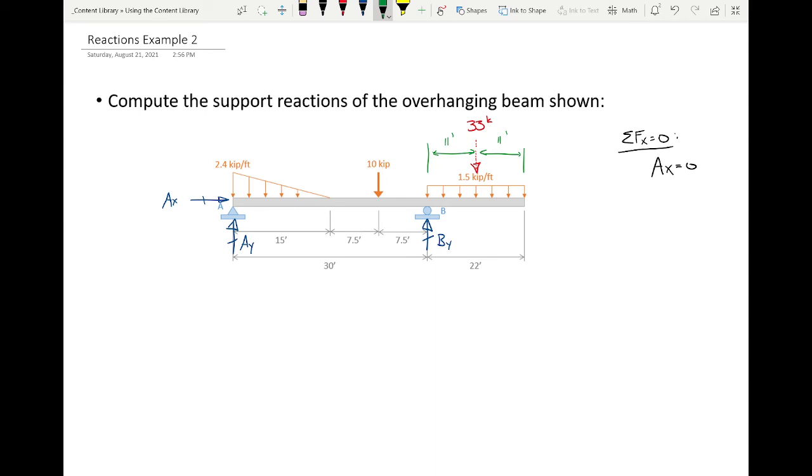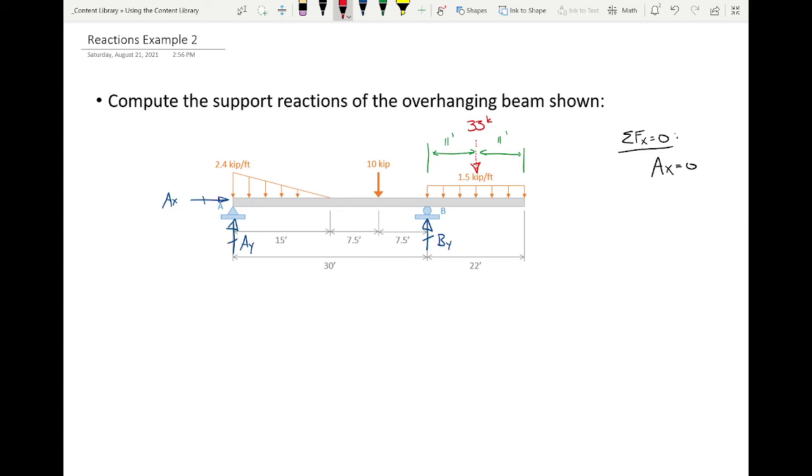Okay, so now I've got this triangular load to deal with, or this load that's linearly distributed. So help me out. How much total load is that? It's 15 feet wide, and it goes from 0 to 2.4 kips per foot. What's that?